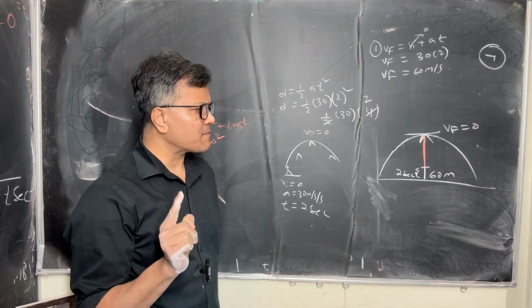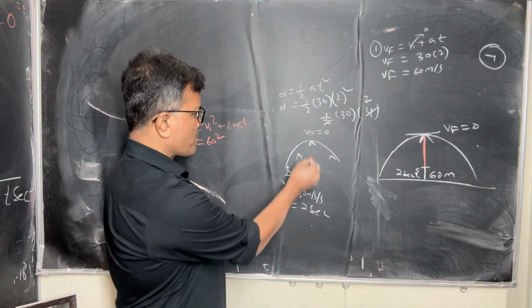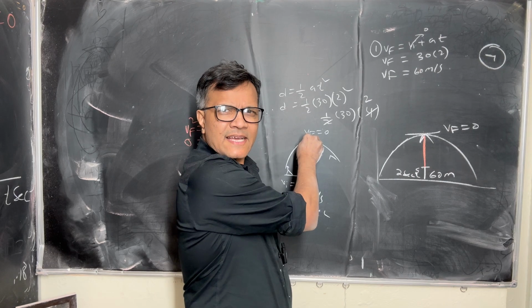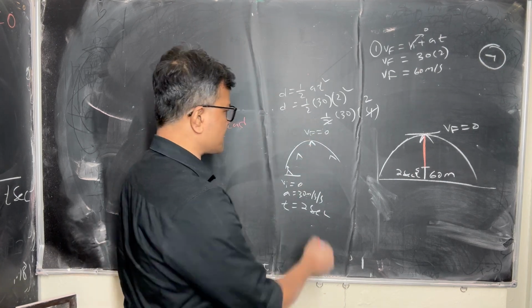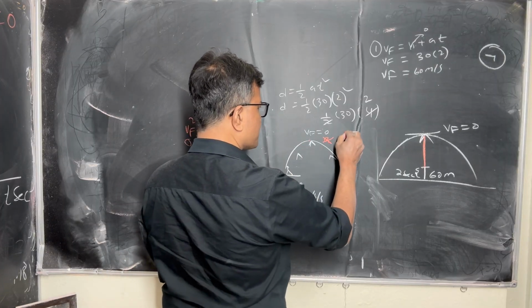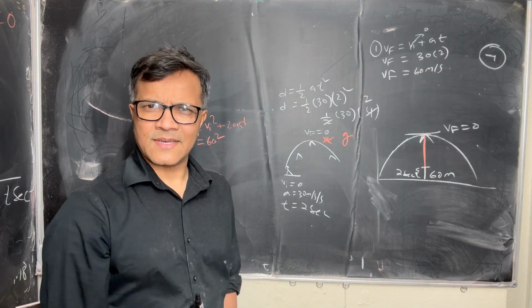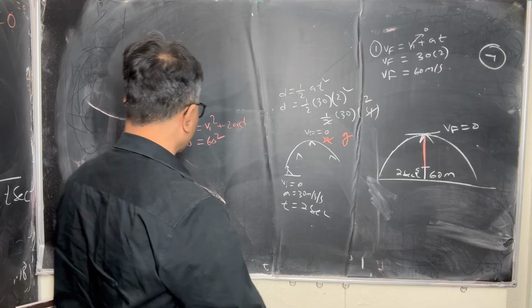You have to understand this one. When the engine shuts down, there is no acceleration from the engine anymore. The acceleration A is no longer there, so it becomes g.